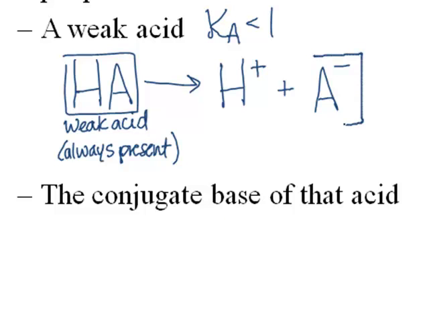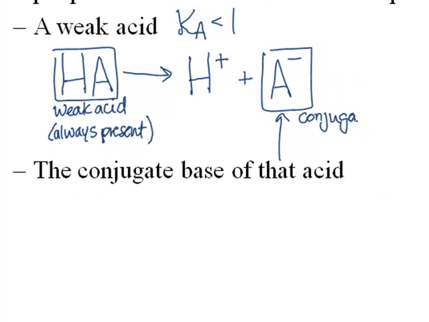That's actually A-. So by using the conjugate base of that weak acid, I'm guaranteed that there will always be an equilibrium. That equilibrium or balance will mean that the weak acid is always present, and my conjugate base of the acid is also going to be always present as well.